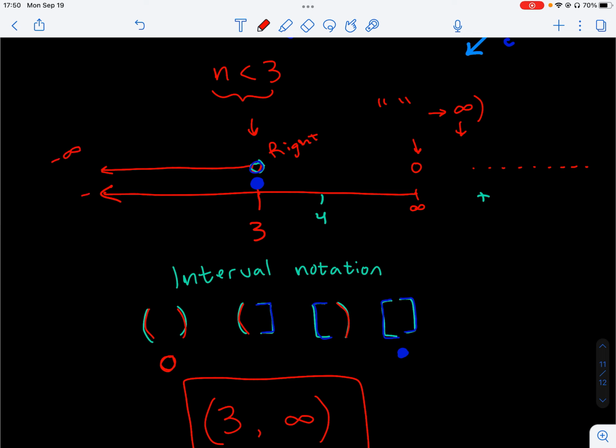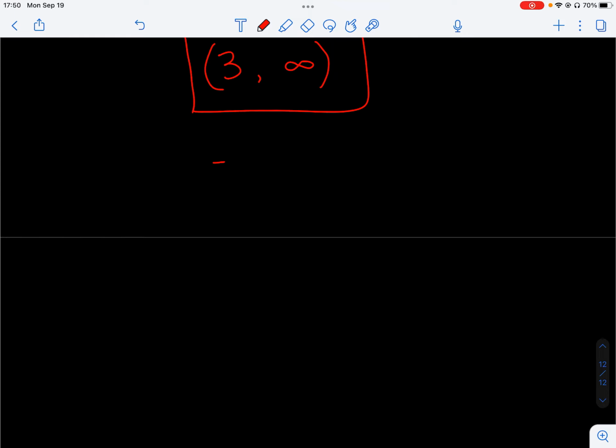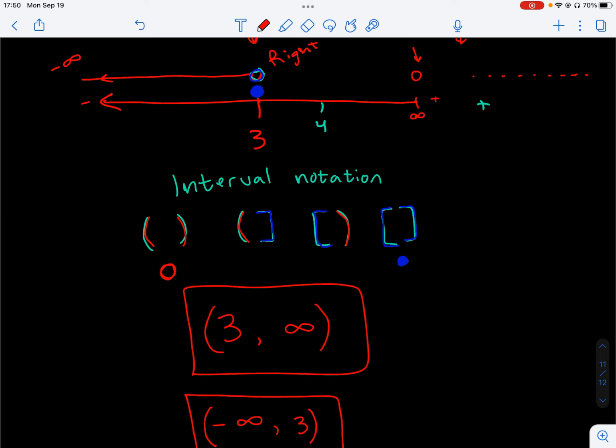As we keep going left and left, eventually we're going to get closer and closer to the negative extreme, which is again an idea. We never quite hit it, so on the left-hand side of our ray we have negative infinity with an open parenthesis. And then we go to 3 and close it off, because that's where we end up on the right-hand side of our graph. We are now at 3.